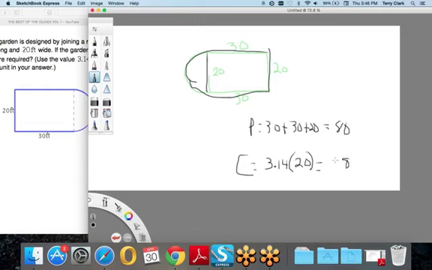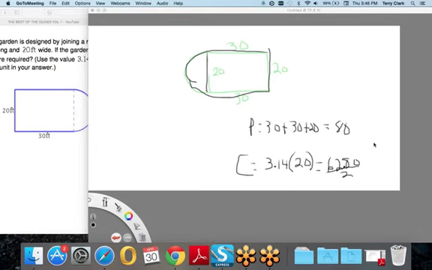So 4 times 2 is 8, 2 times 1 is 2, and 3 times 2 is 6. That's going to be 62.80. We got two numbers behind the decimal.